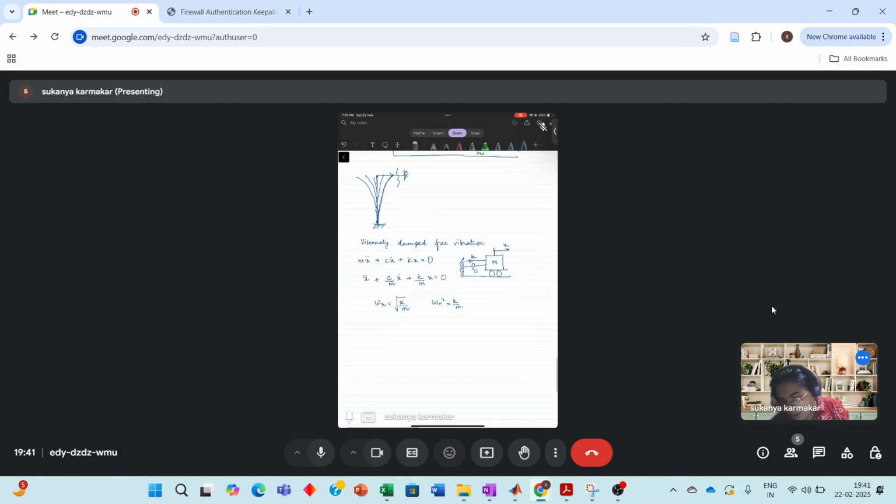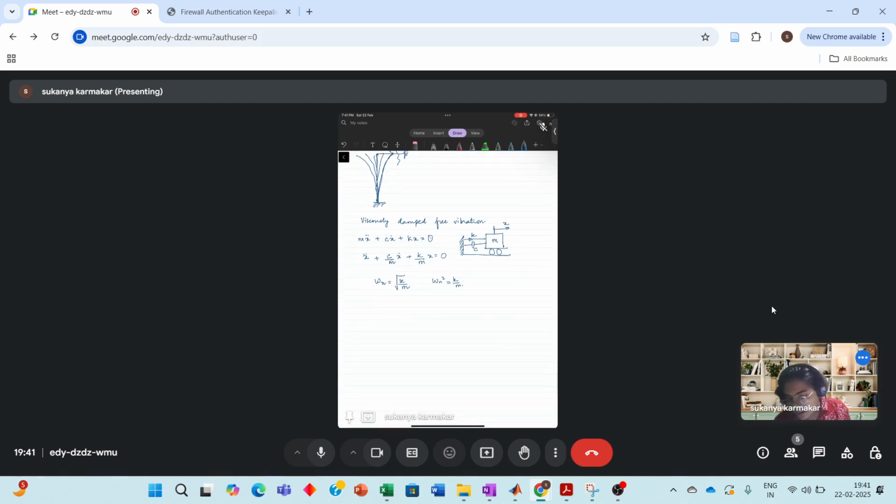Now we define a term, the critical damping coefficient c critical. The critical damping coefficient c critical is equal to 2 omega n into m.